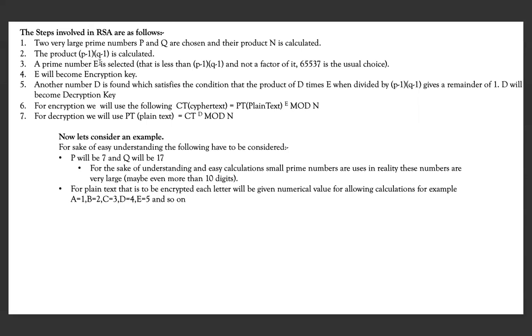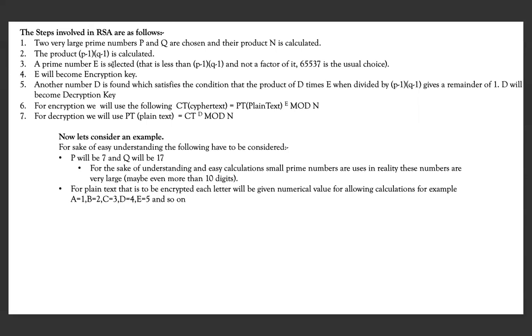So selection of E involves these rules. Usually 65,537 is used because it satisfies the rules for most numbers. So E is usually this value, but we won't be using such big numbers in the example because it's easier to solve with smaller examples.